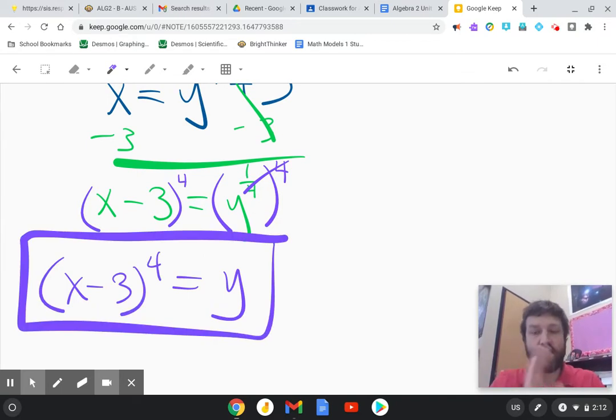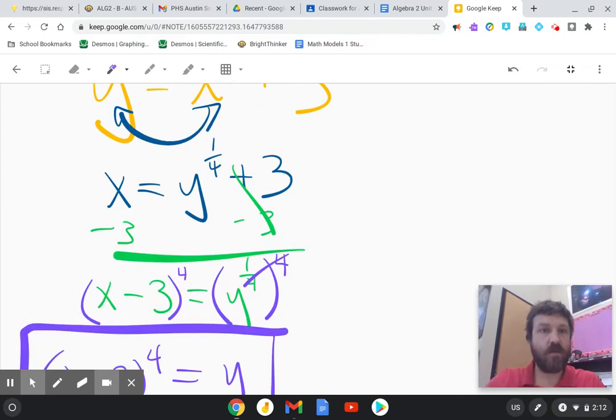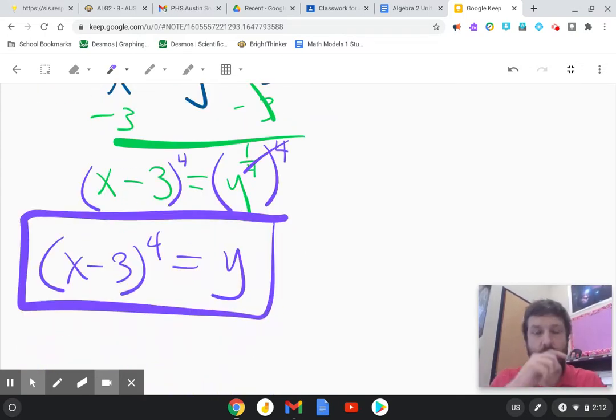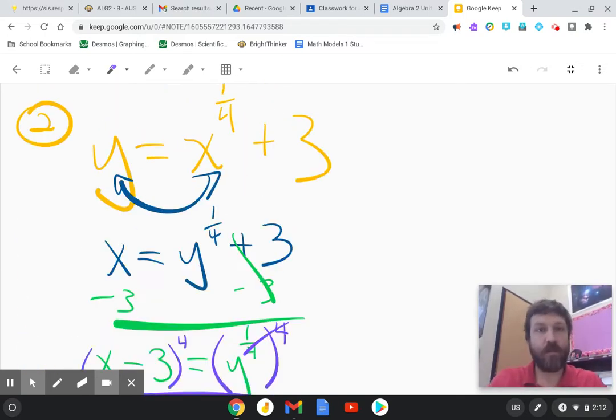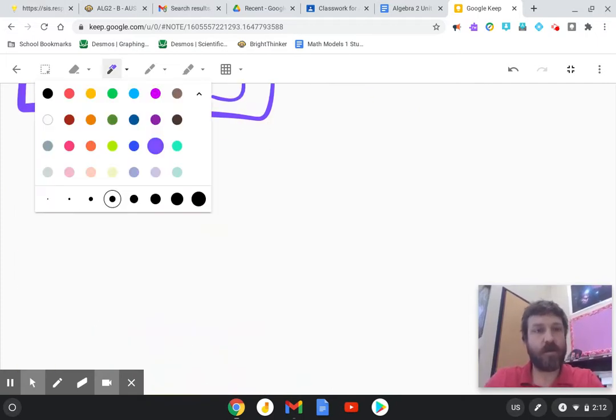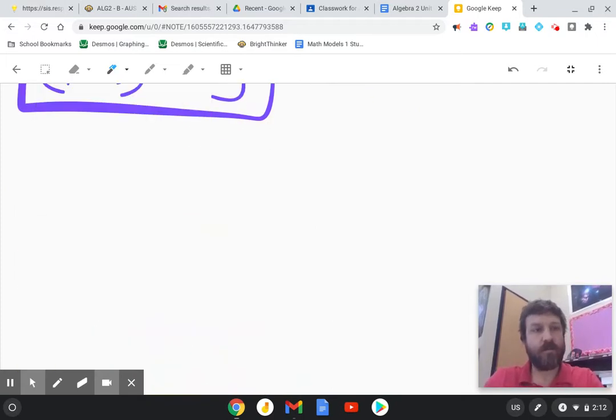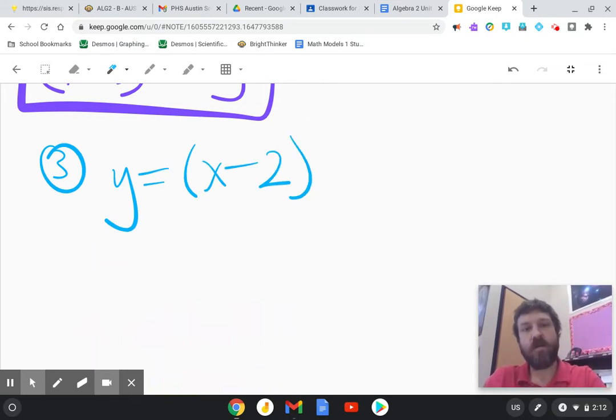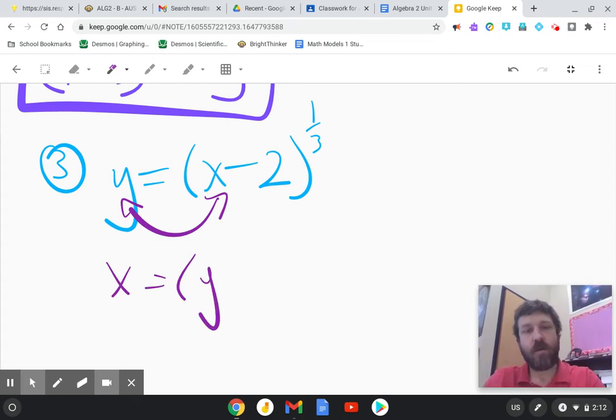So you can kind of see how these end up. You're usually going to end up with some kind of power that's the opposite or reciprocal of the power you started with. Let's go look at number 3 down here. Say I have the following: y equals, parentheses, x minus 2 to the 1/3 power. Switching the x and the y gives us x equals y minus 2 to the 1/3 power.